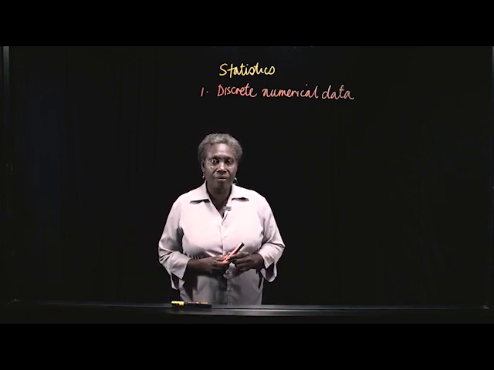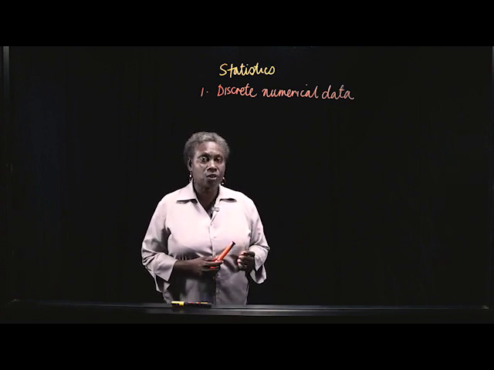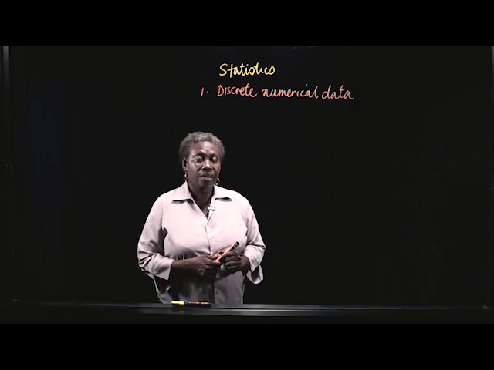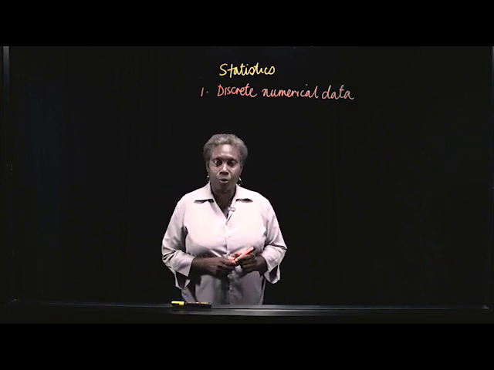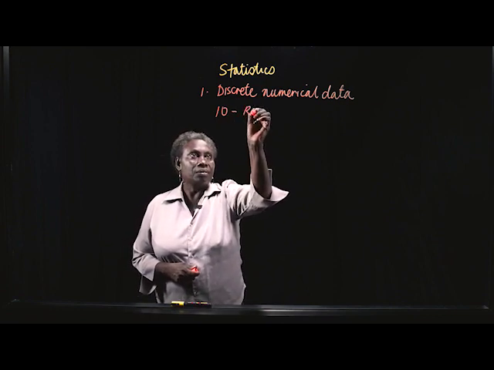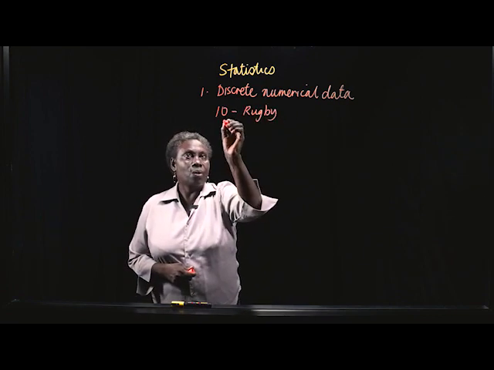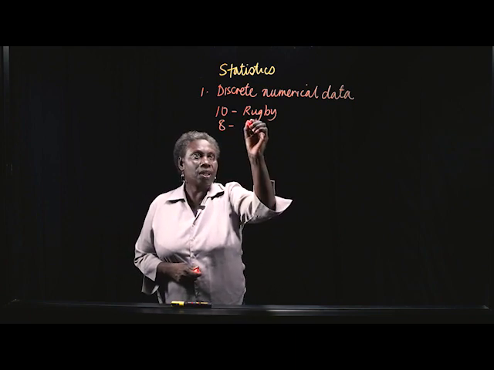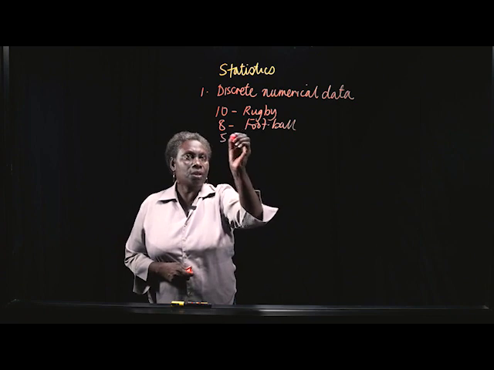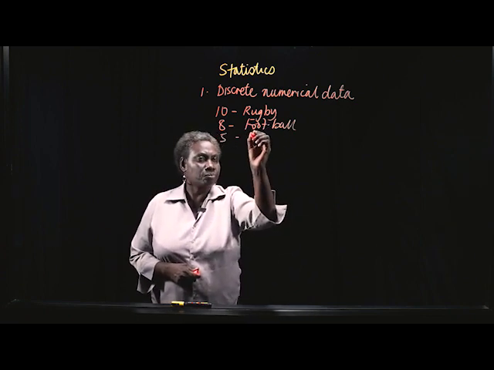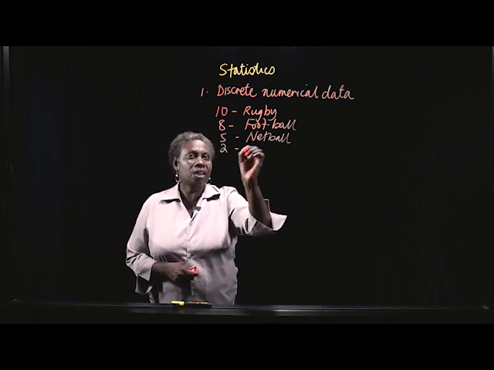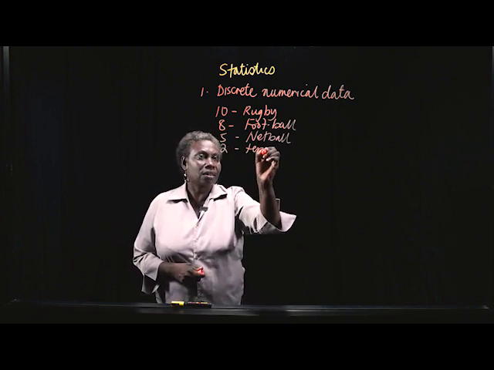Let's say we have 10 students who were selected from a class of 40 students, and they were asked their favorite sports. 10 students preferred rugby, while 8 students preferred football. 5 students preferred netball. 2 students preferred tennis.